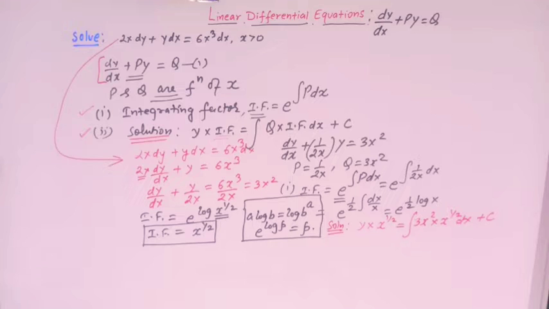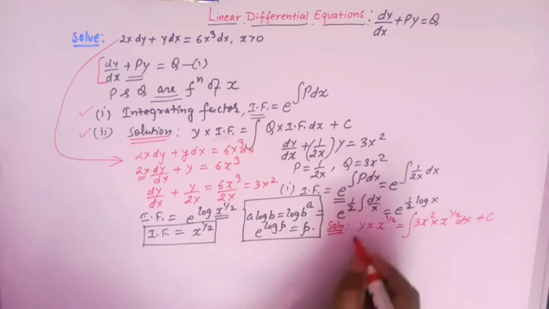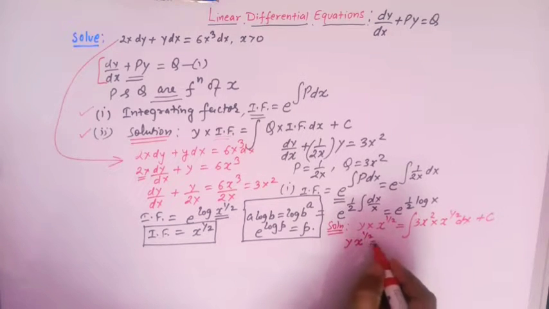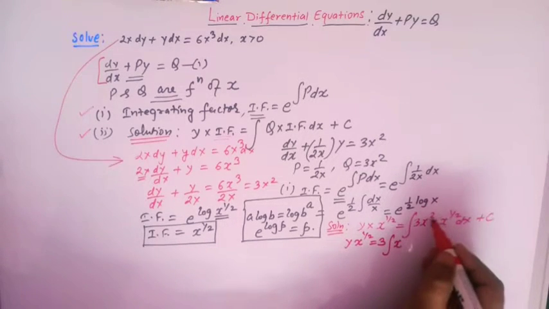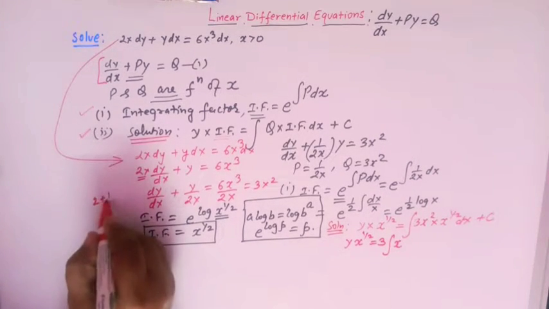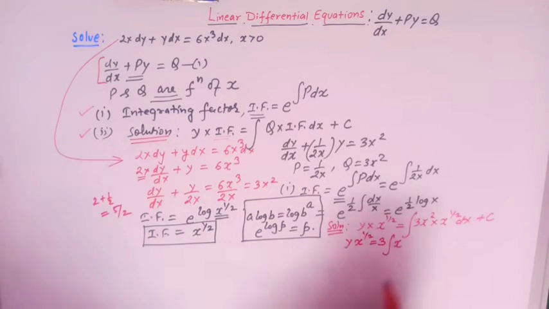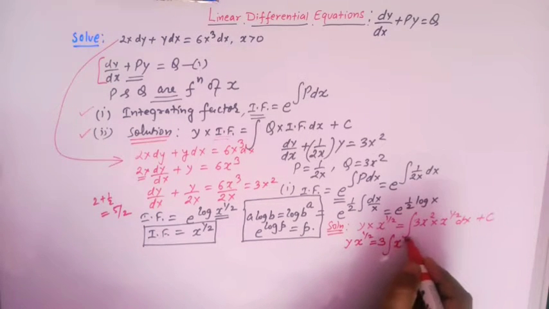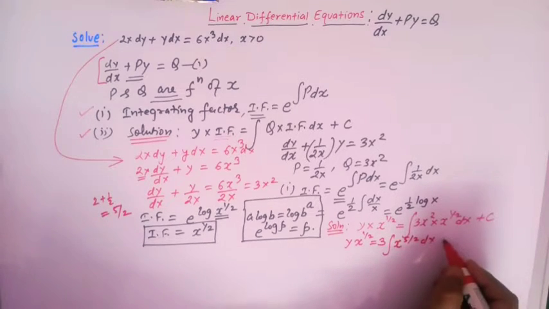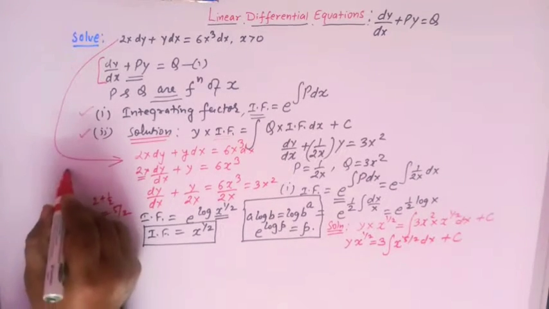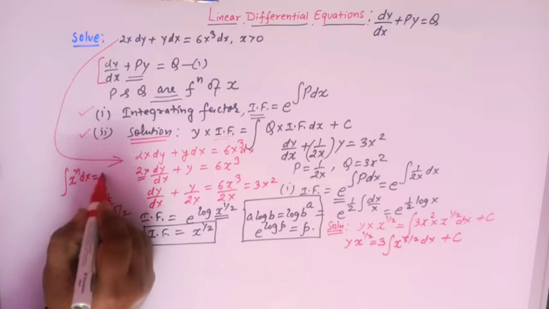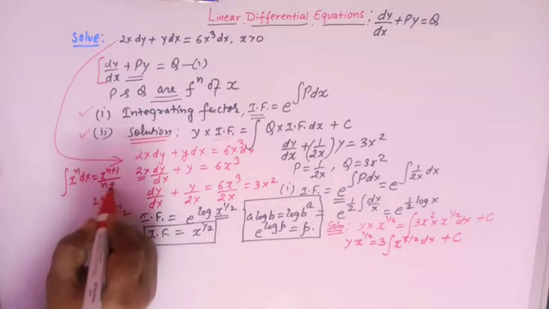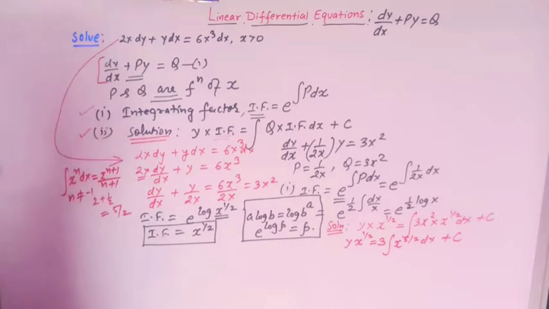C is the constant of integration. So now we can write it as y times x raised to half, and 3 can be taken outside, and we have x raised to 2 plus half, that is 5 over 2. So we have x raised to 5 over 2 dx plus c, and the integral of x raised to n dx is x raised to n plus 1 over n plus 1, where n is not equal to minus 1.